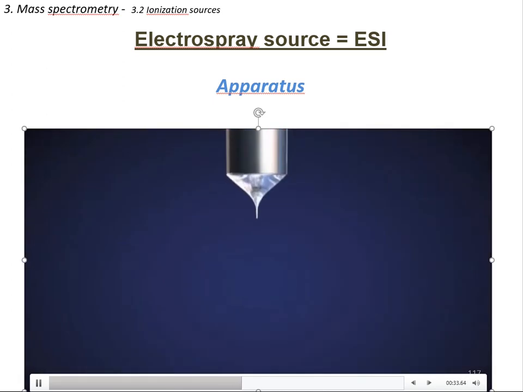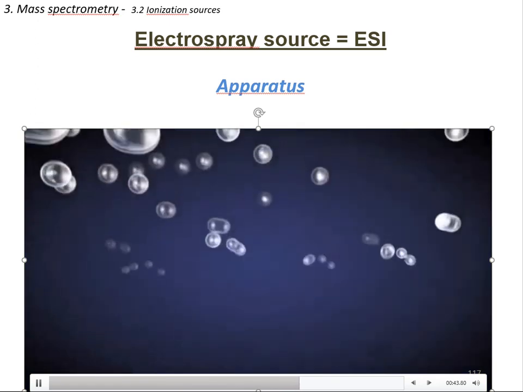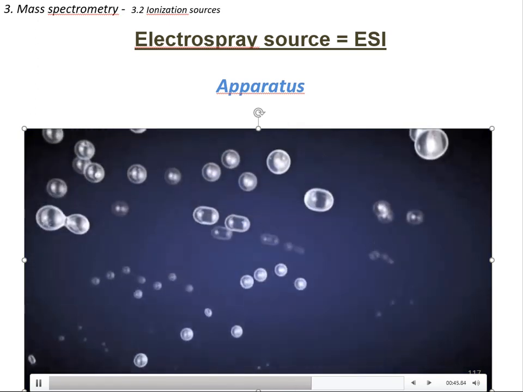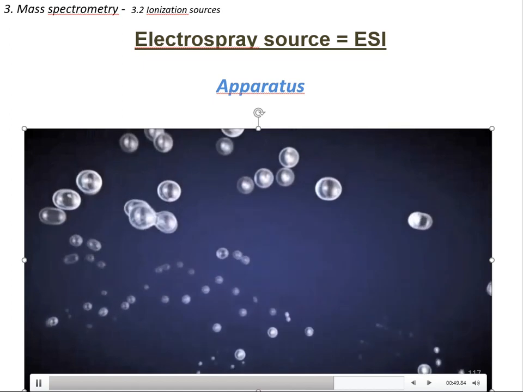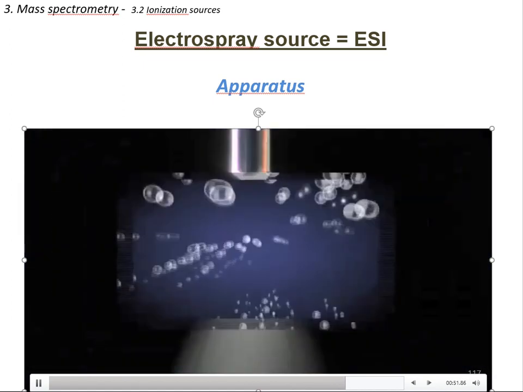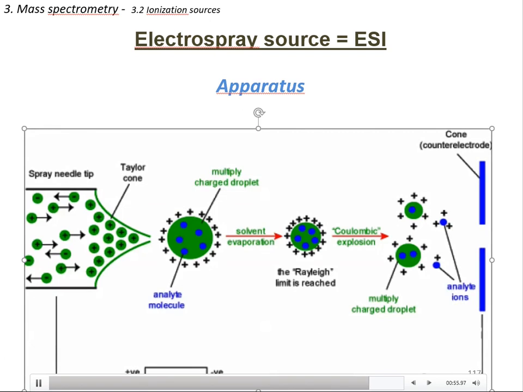And what's happening is in fact that the droplets are charged and they break up in smaller and smaller droplets until you only have charged molecules. So these charged droplets, they explode. We call that a Coulombic explosion because the charges are repulsing each other until you have charged molecules in a gas phase. So this is what's happening in fact.